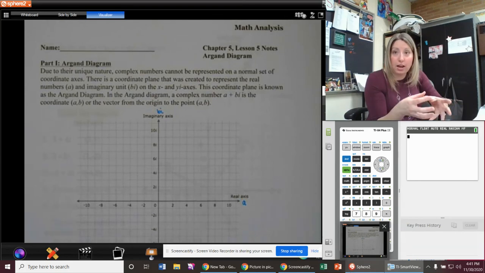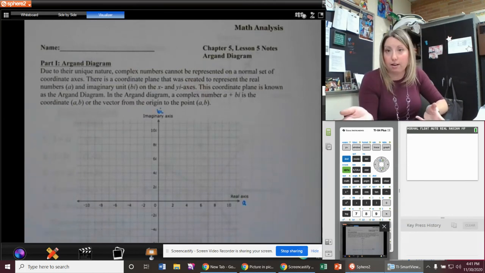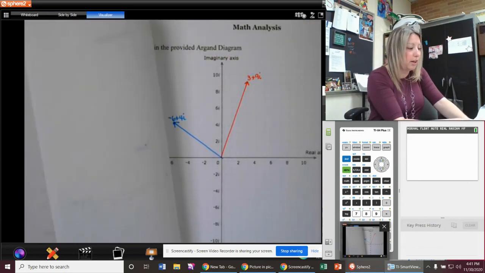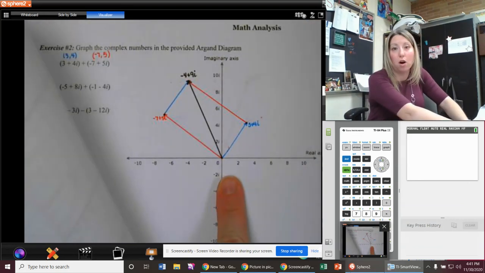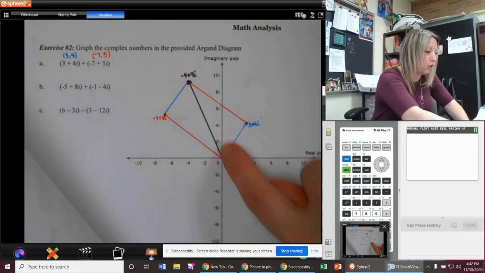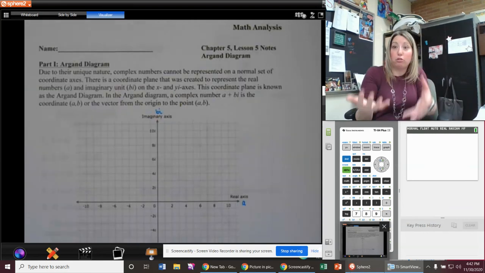If you're asked to add them or subtract them, all I want you to do is actually add them and subtract them and put their resulting point, just the resultant vector, on the graph. If you want to do what I did with adding the two, like I did in this example, you are welcome to, but you do not have to. Just the black version, which is having added those up, is all I'm actually looking for you to do. Okay, but I was showing you where that came from.